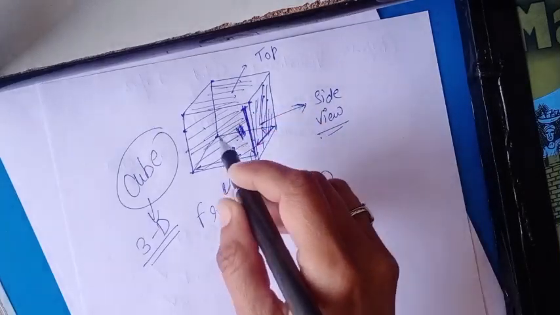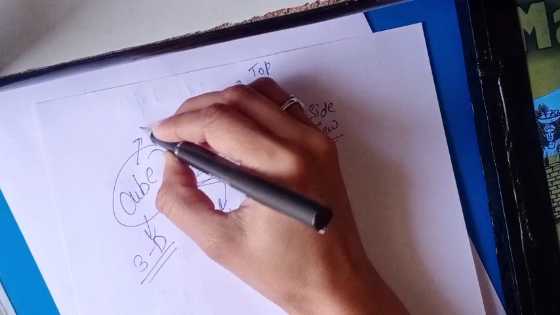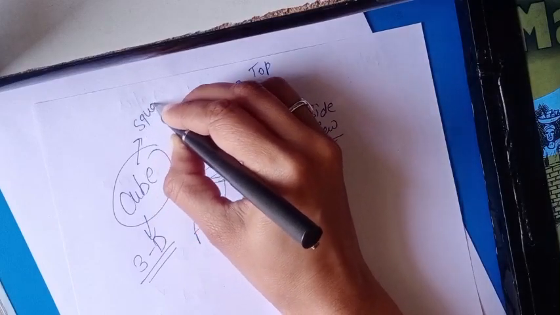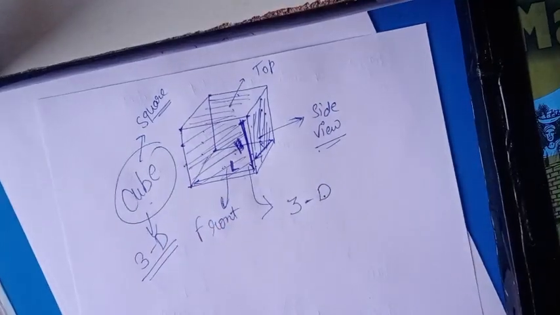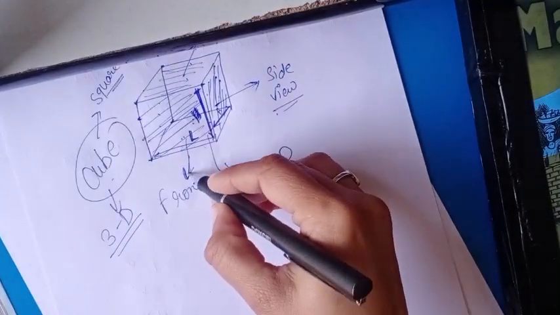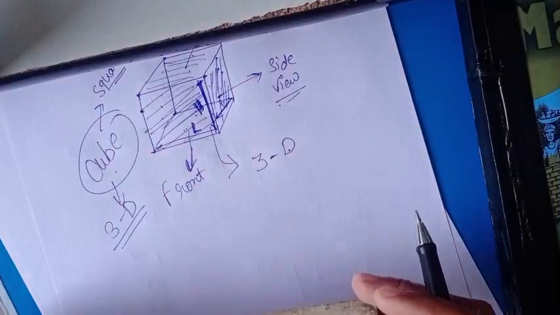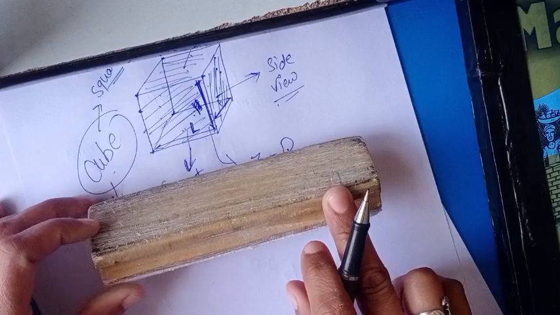When the plane is formed as a square, then in 3D it is called a cube, and when the figure is formed with rectangles, this is called a cuboid.